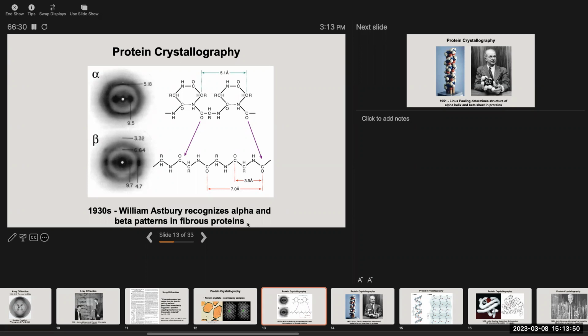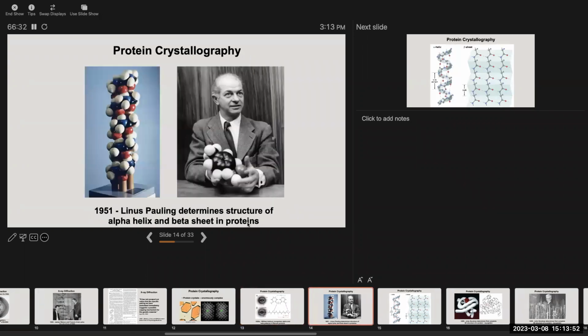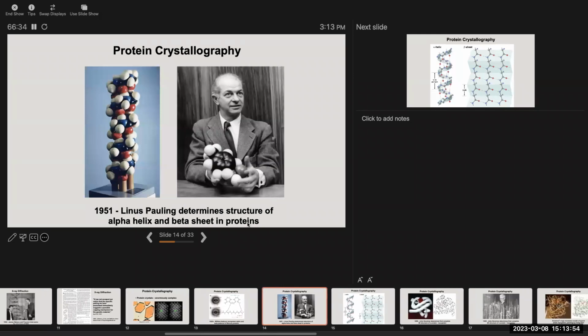It wasn't until 20 years later that my buddy, Linus Pauling, figured it out. He realized that the so-called alpha pattern was in fact the linear sequence of amino acids, but those linear chains of amino acids were lying side by side, forming beta sheets, which is something we talked about last time.